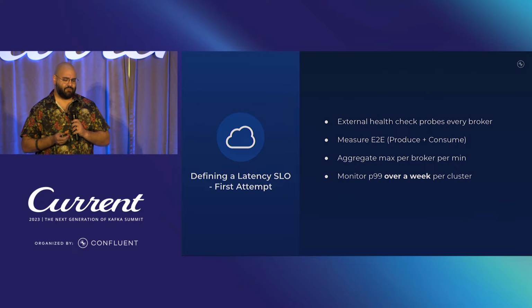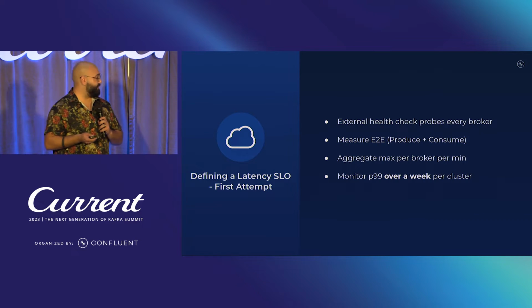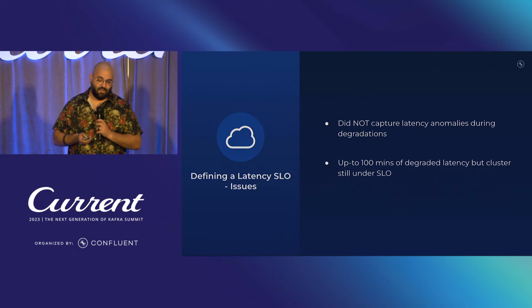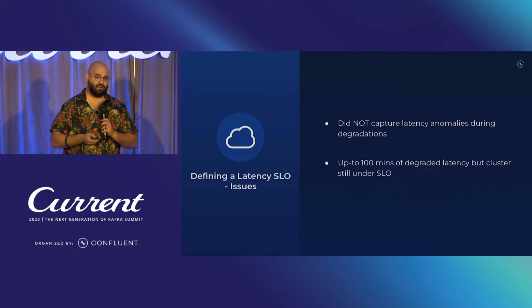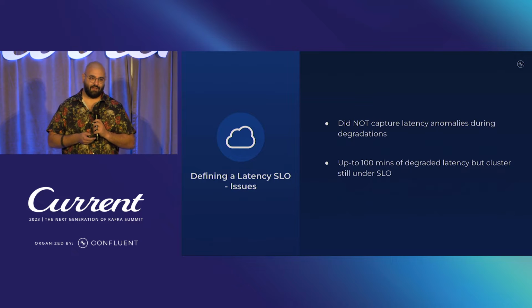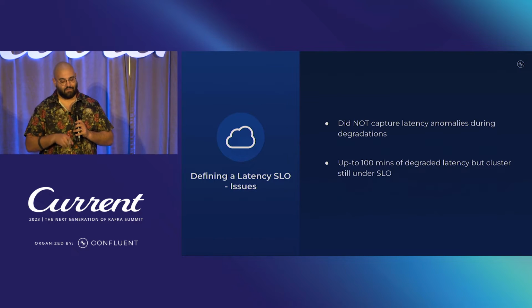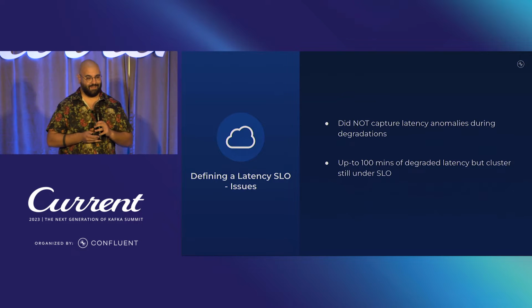This was fine, but it wasn't quite good enough. Measuring things on a week-over-week basis actually did not help us capture the anomalies that we would see quite often. And there's a really awesome talk in this room later this afternoon that goes into some of those things that I highly recommend.